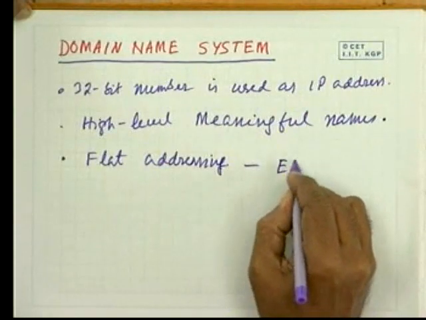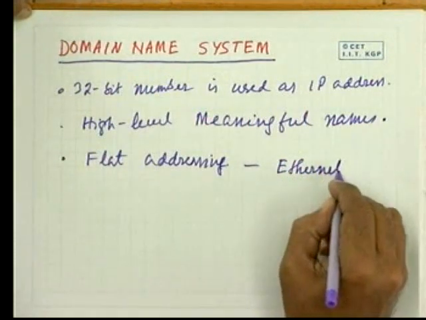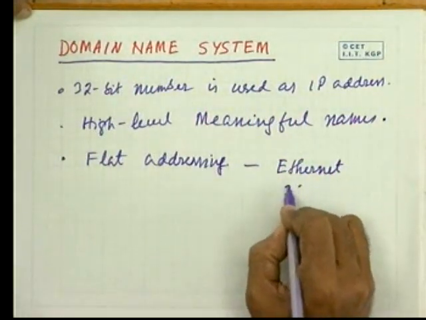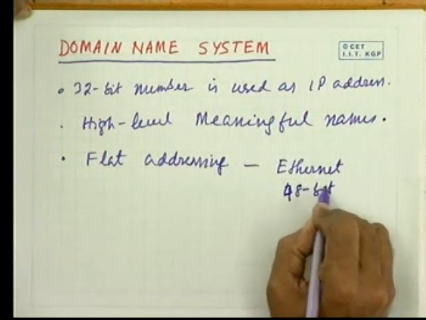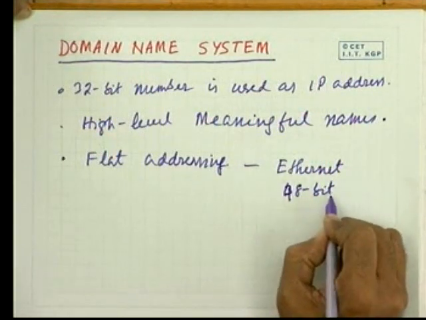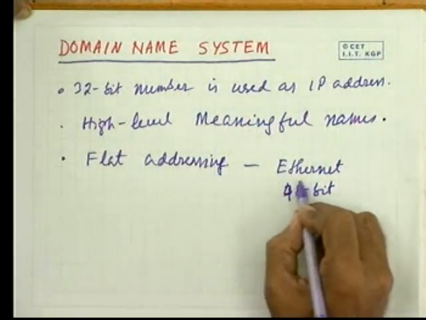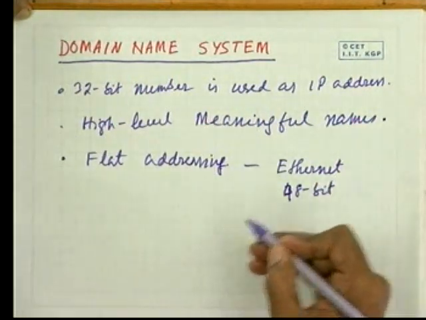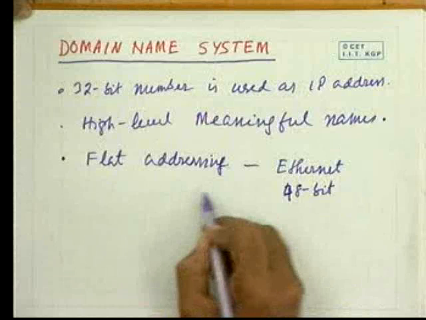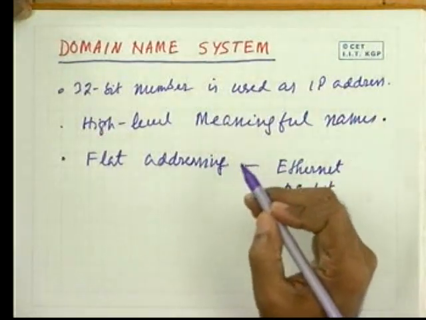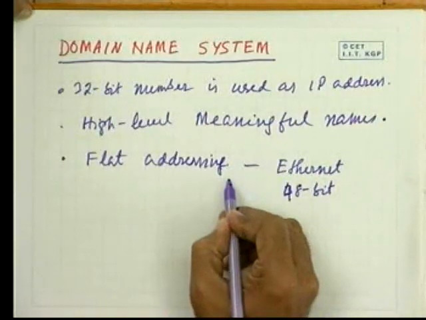For example, in Ethernet, the address used is a 48-bit address, and it uses flat addressing. If you take an Ethernet card from say India to US, the Ethernet address does not change. On the other hand, flat addressing has a number of disadvantages. From the name, you cannot make out where it belongs, you cannot do the routing, and there are various other problems. That's why flat addressing is not popular.